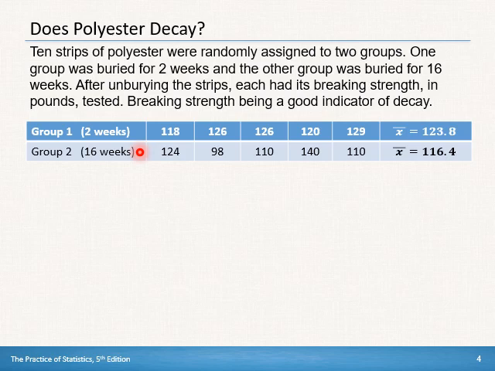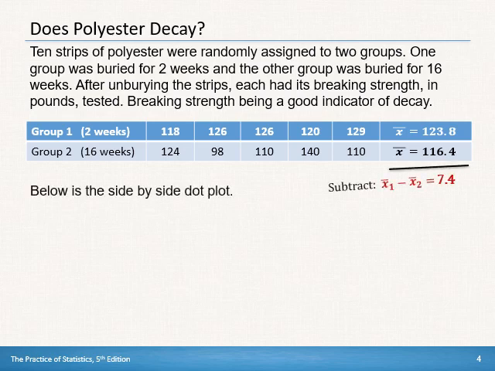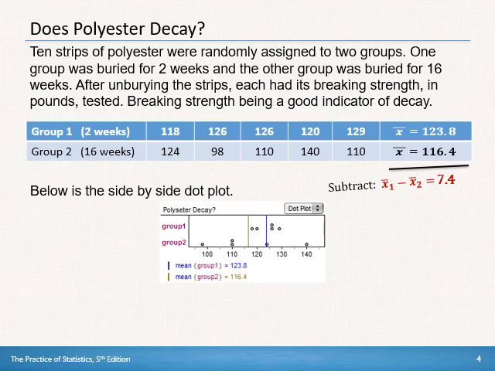All right, and so what we did in each group was take the average strength. And so we could plot those 10 data values on the dot plot as well. And so that's what's here. And so we will be subtracting the x bars to get the difference of the sample means.